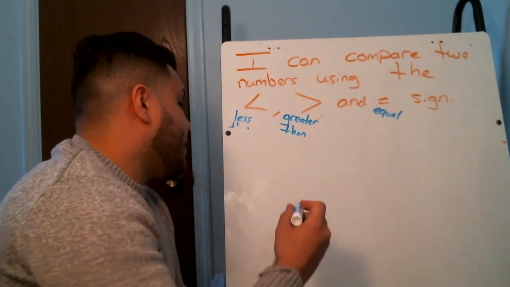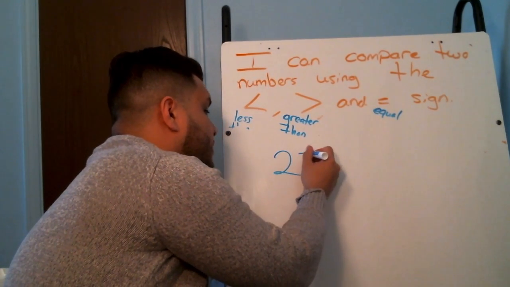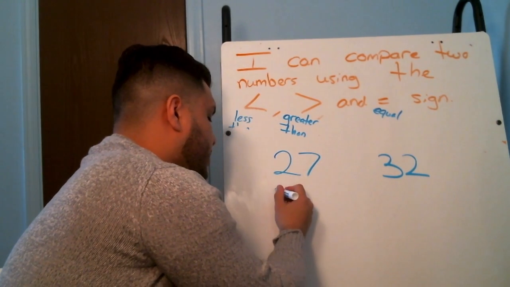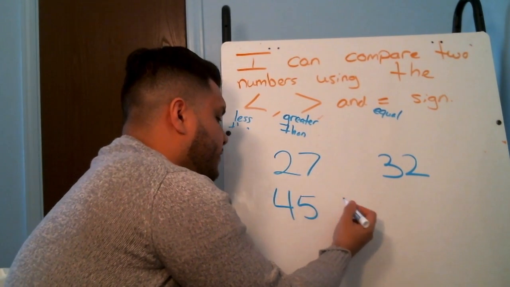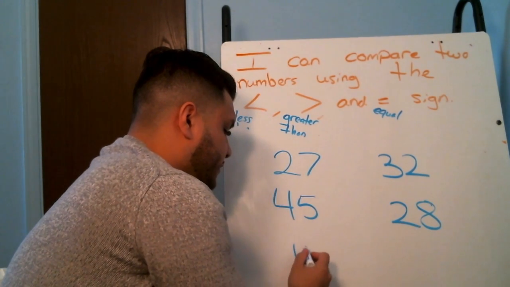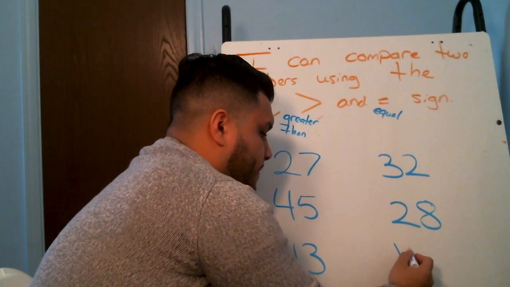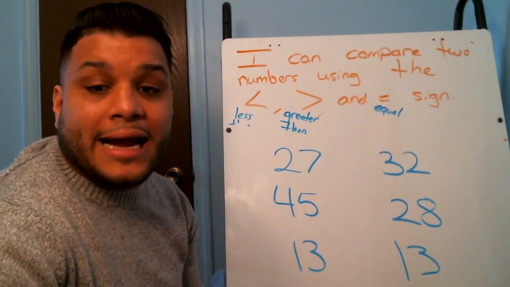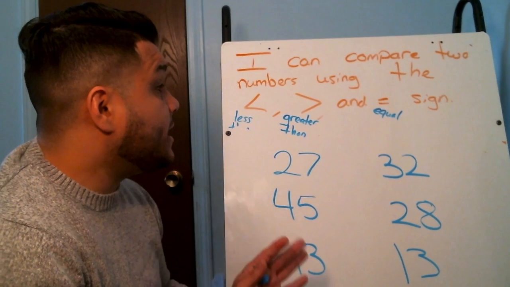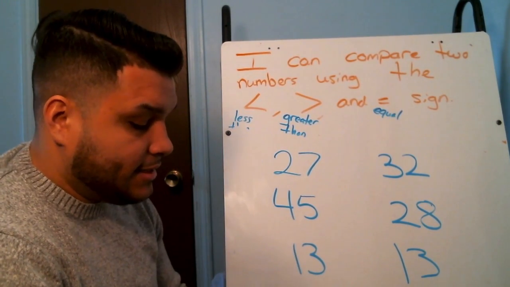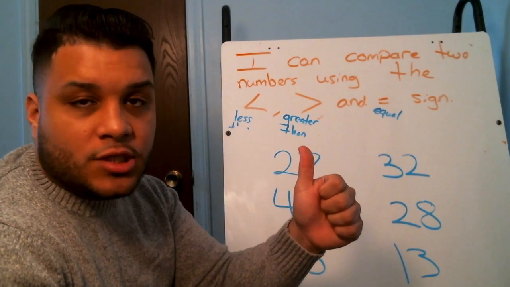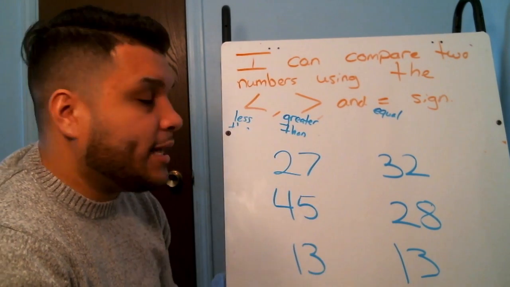So I'm going to have 27 here, 32 here, I'll have 45 here, and 28 here, and I'll have 13 here, and 13 here. I need your help. Are you guys ready to help me? Okay, using our strategy today, we're going to first look at the tens place. If we can't determine which one is greater, then we'll look at our ones place.